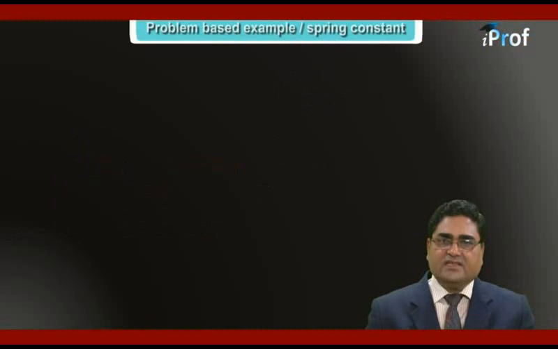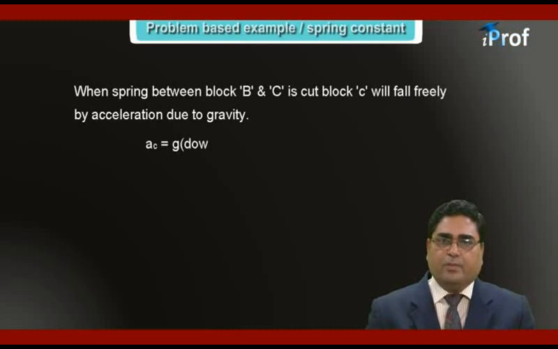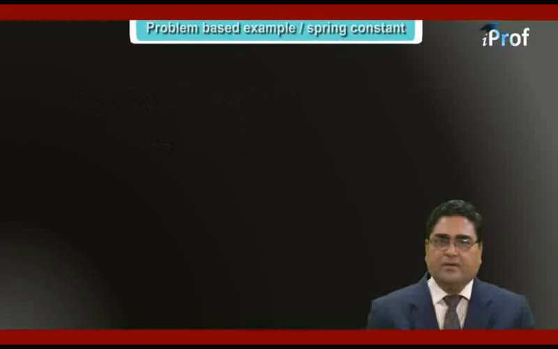Now let us see the case when the spring between block B and block C is cut. When the spring between block B and block C is cut, block C will fall freely with acceleration due to gravity. So the acceleration of block C will be equal to g. Now, since the spring between block B and block C is cut, Kx2 will disappear.